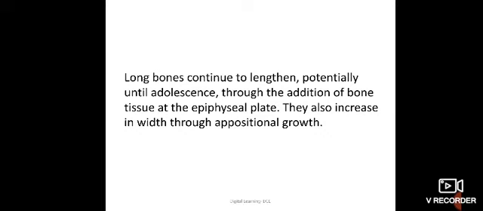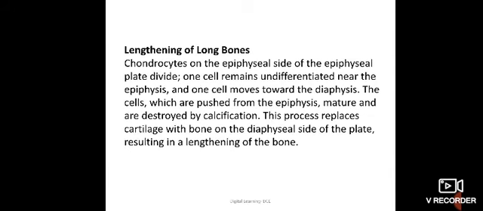Long bones continue to lengthen potentially until adolescence. Through the addition of bone tissue at the epiphyseal plate, they also increase in width through oppositional growth. How does the lengthening of bones take place? Chondrocytes on the epiphyseal side of the epiphyseal plate divide.